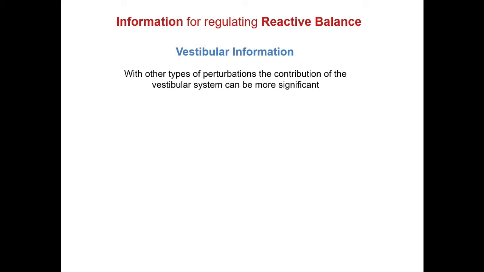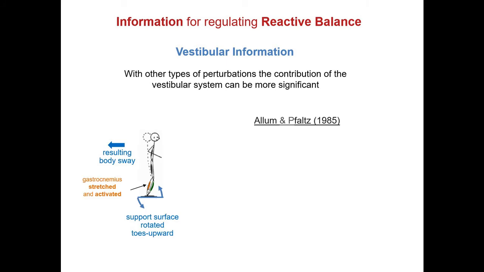As you might expect, based upon what we have learnt in the class so far, with other types of perturbations, the contribution of the visual system can be much more significant. Here we see a situation studied by Allen. In this research, the support surface is tilted rather than translated. In the tilt shown here, the gastroc is stretched and activated.